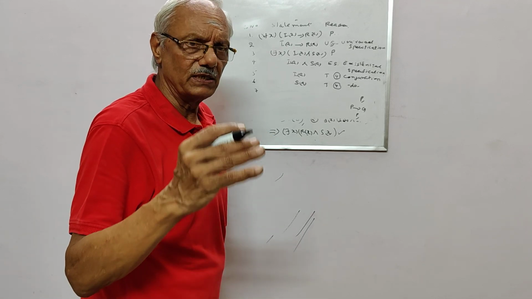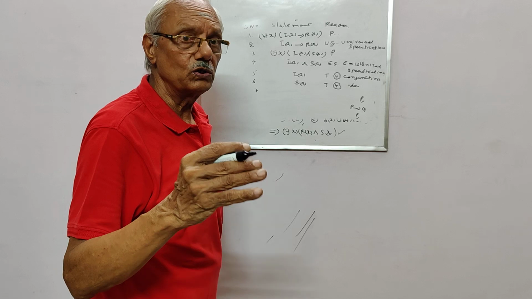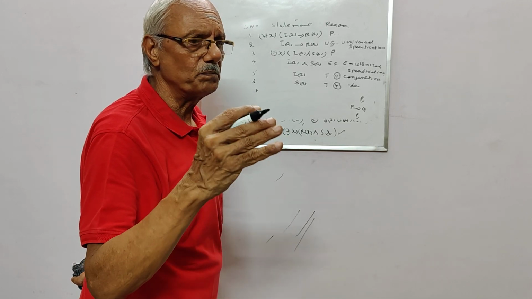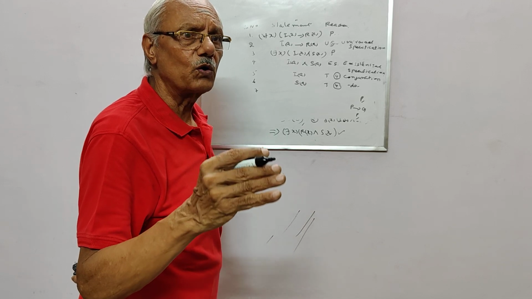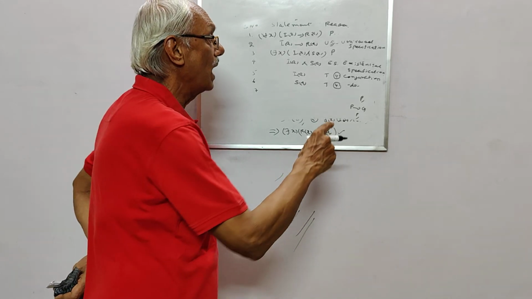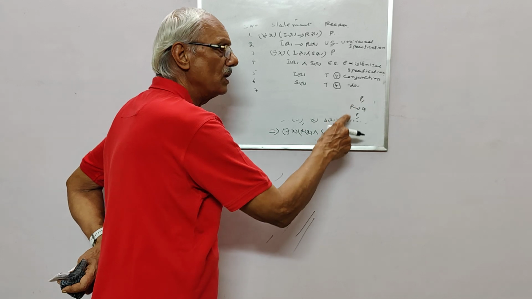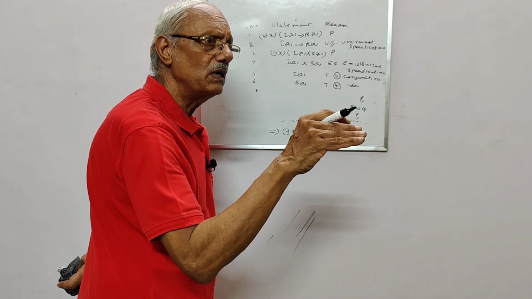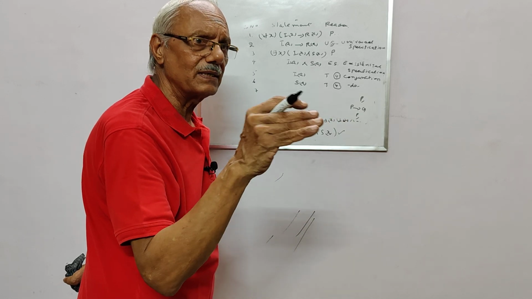These are all implications, tautological implications. P is true and P implies Q is true means Q must be true. That is called modus ponens. This is a tautological law in the statement calculus I taught you.